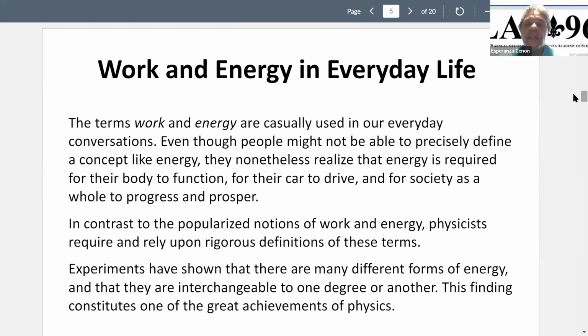But we have to be careful because when we get into the physics world, work and energy have specific meanings and specific definitions. Some of you might have had that experience because you might have sent me an article for the project to review that dealt with energy. And I reached back to you and I said, that approach to energy is not relevant for our class, right?